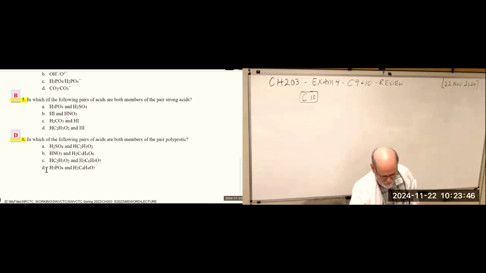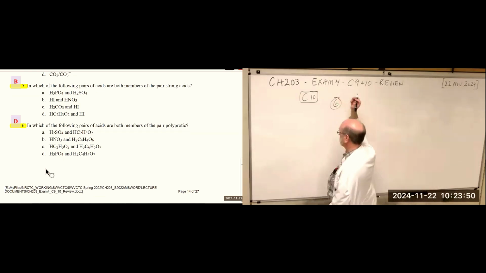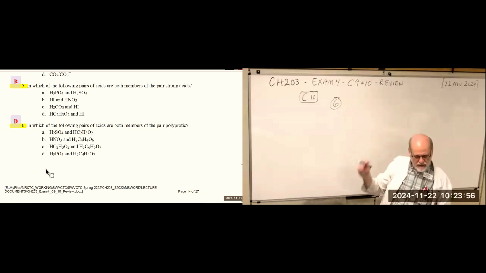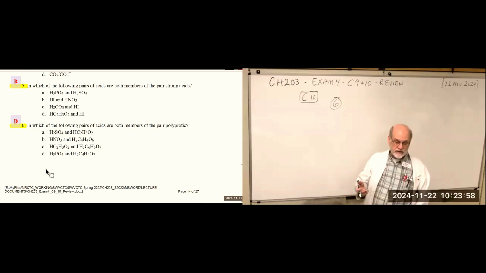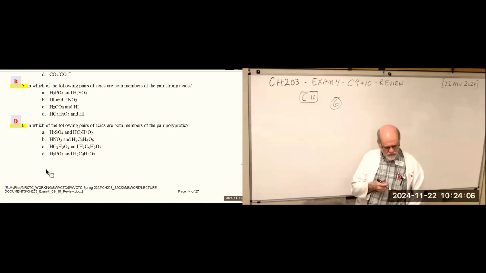And number 6, let's scroll a little bit here. In which of the following pairs of acids are both members of the pair polyprotic? Polyprotic means 2 or more hydrogens available for dissociation or ionization, right?